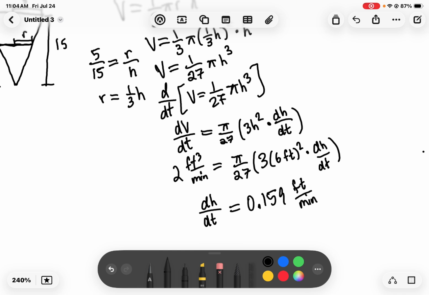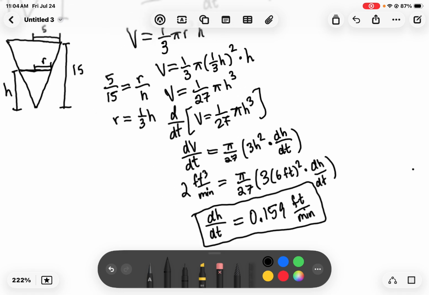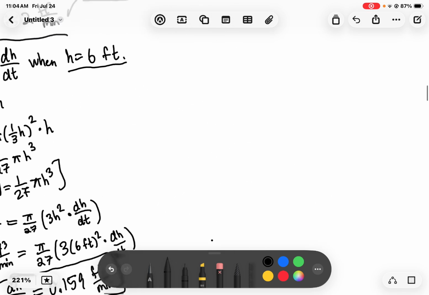So that is the rate of change of the height when the height of the water is 6 feet. Okay, good. Now let's move on to the next problem.